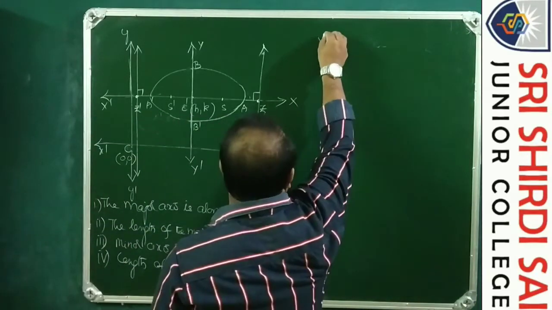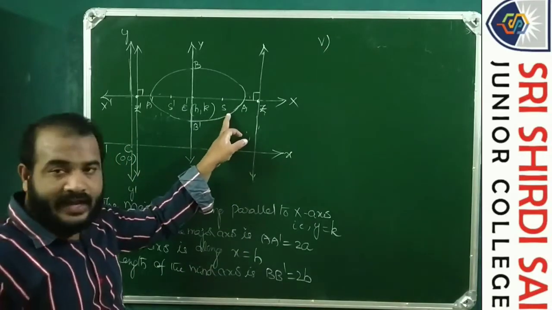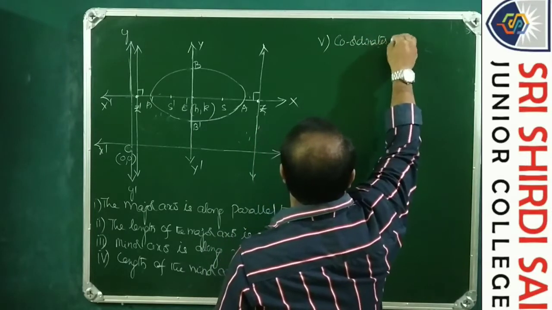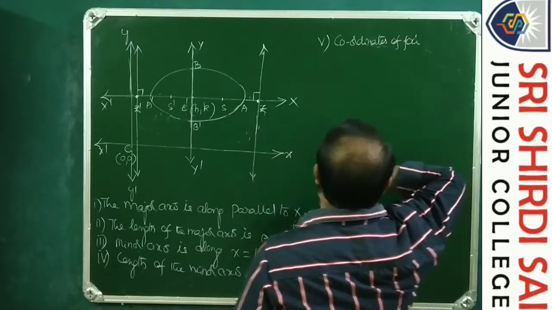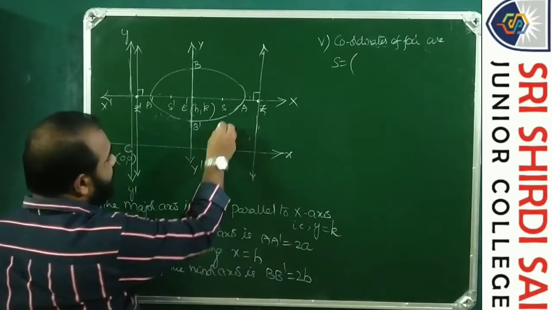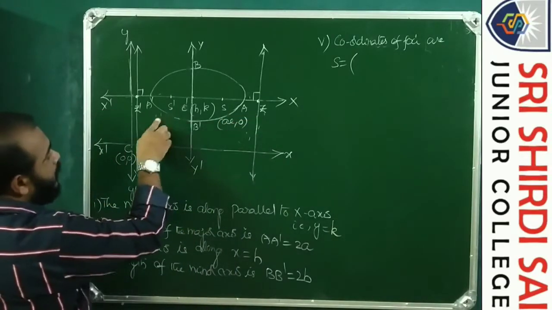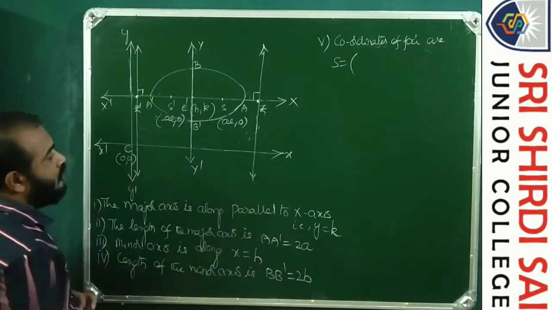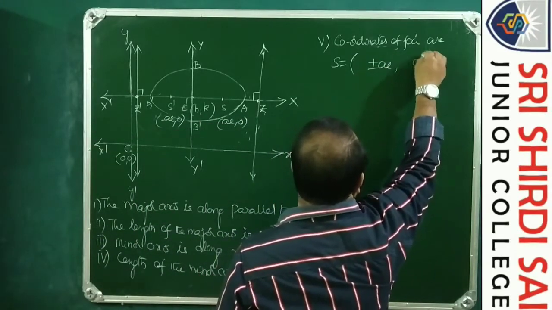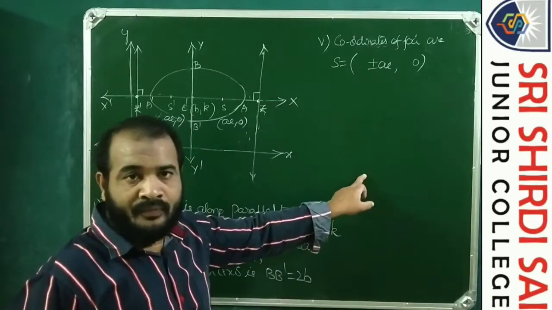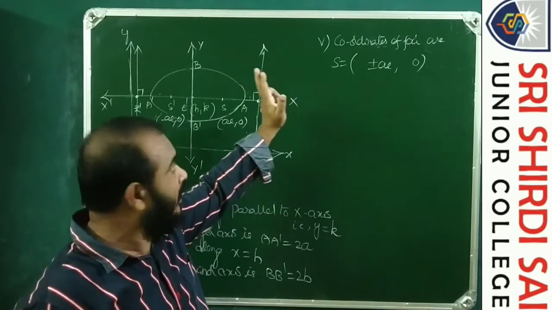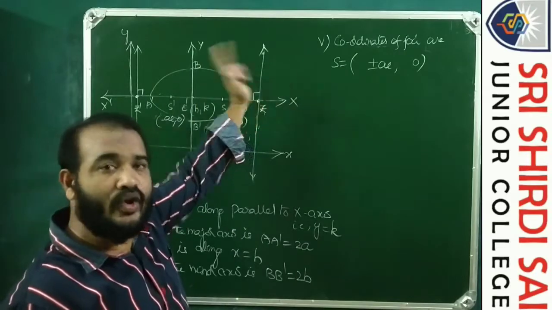Now, so coordinates of foci. So coordinates of foci are S is equal to, earlier S is, this is ae comma 0, this is minus ae comma 0. So that means plus or minus ae comma 0 were the ends of the foci for the ellipse whose center is at the origin.